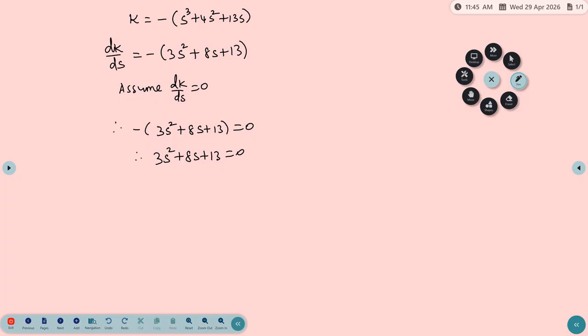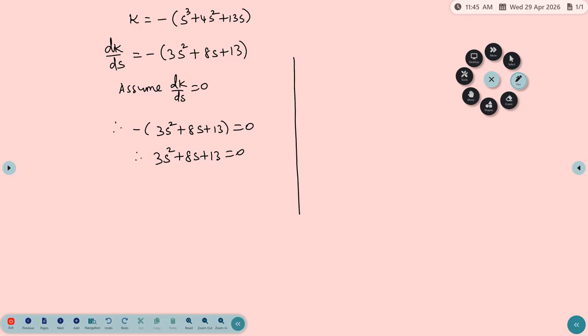Here the expression starts with s square, so 2 roots are possible. But we know this expression doesn't have any whole number factors, so we can't write it like that. So we should go for the basic formula which is used to identify the roots of a quadratic equation.